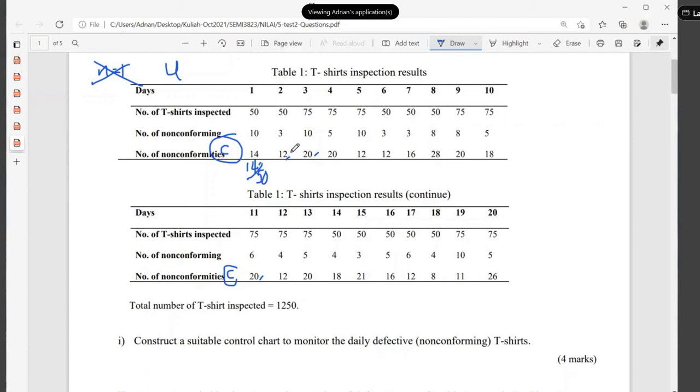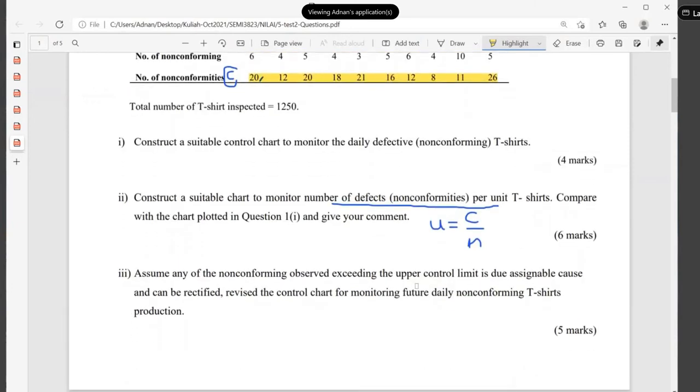Second one, 12 divided by 50. Third one, 20 divided by 75. So this question is related to this one. Using this data, divide by this, and then we can know how many non-conformities per unit.